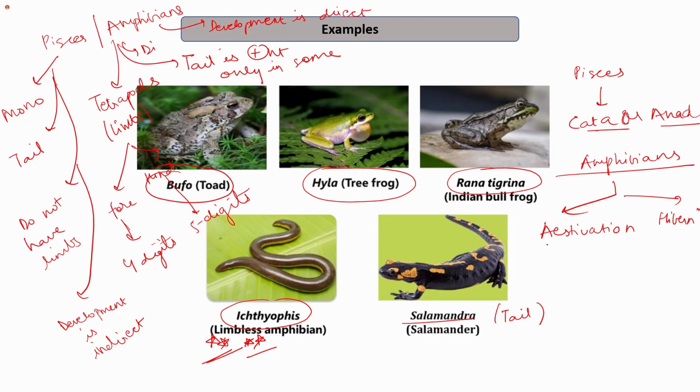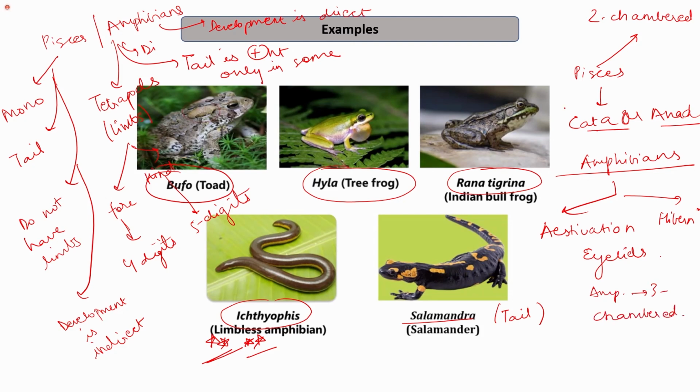Right? The remaining thing is that in amphibians, there is a presence of eyelids. The other thing is in Pisces, it is a 2-chambered heart. In amphibians, it is a 3-chambered heart.